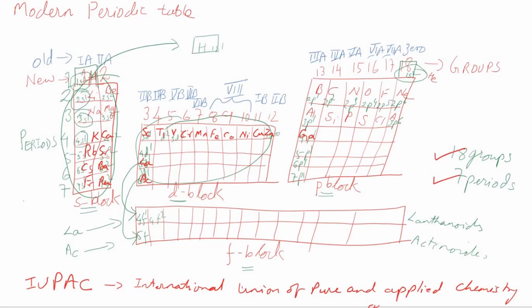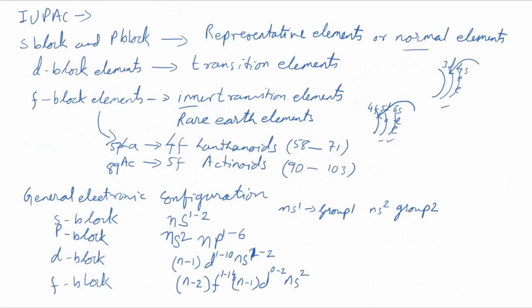Clear? Then next, what we did: S and P block together are called representative or normal elements. D block are called transition elements. F block, inner transition elements or rare earth elements. Clear? And F block contains the 4F series, that is lanthanoids, and the 5F series, that is the actinoids.